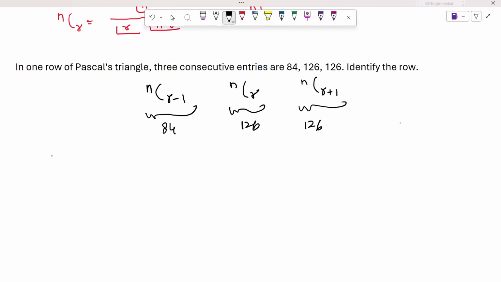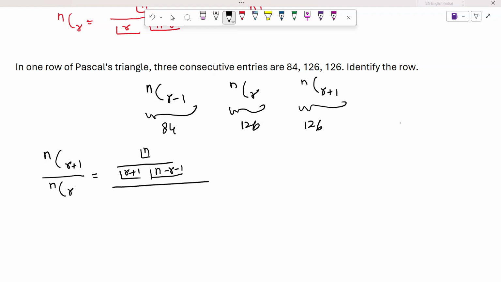Simple. We shall work out NCR plus 1 upon NCR. So this is equal to factorial n upon factorial r plus 1 upon factorial n minus r minus 1.